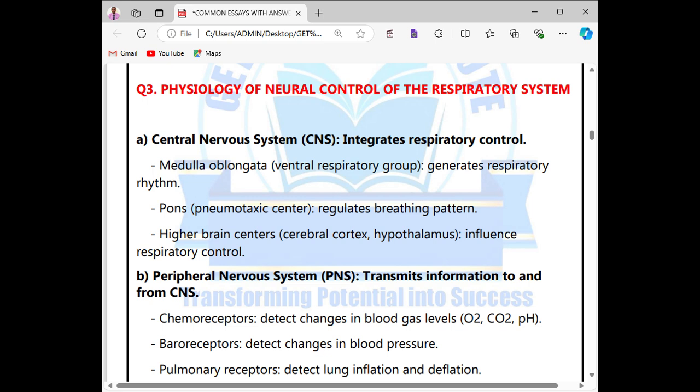So we saw how those regulations were coming about. There was also a group which talked specifically about the neural control of the respiratory system. Then you have the pons which regulates breathing pattern. You also have the higher brain centers which influence respiratory control.